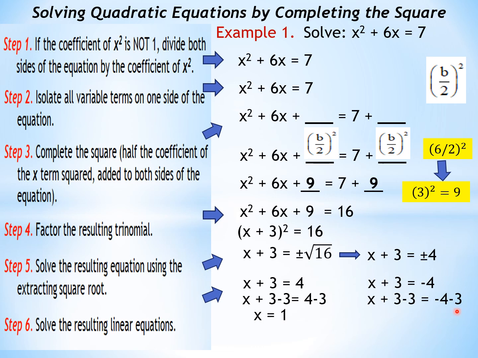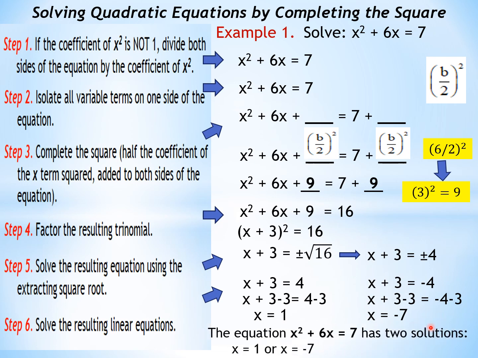So, since parehas sila na negative, pag add natin, that is 7. Then, copy the sign. So, yung pangalawang value ni x is equal to negative 7. Therefore, the equation x squared plus 6x equals 7 has two solutions. X is equal to 1 or x is equal to negative 7.